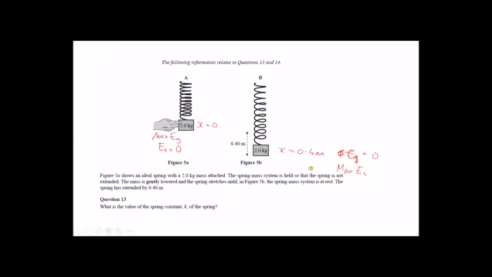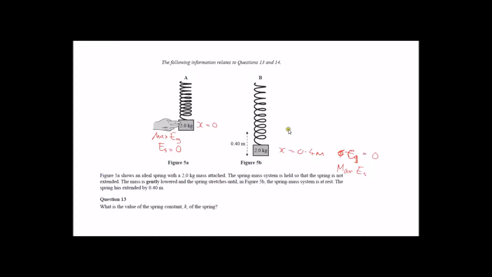We've got our maximum strain potential energy, but it's wrong to assume, as I did the first time, that all that gravitational potential energy has turned into strain potential energy, because in order for the energy to be conserved, you just have to drop the weight, and it would bounce on the spring, and there would be kinetic energy present as well. But in this case, there's no kinetic energy present.